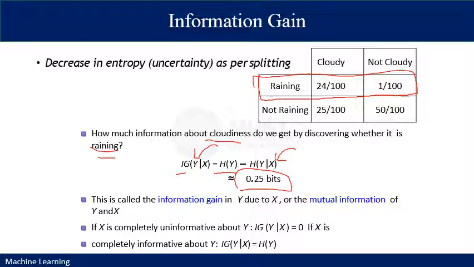This result is called information gain in Y due to the known values of the training set X, or the mutual information of Y and X occurring together. If X is completely uninformative about Y, information gain is equal to 0. And if X is completely informative about Y, the information gain will be equivalent to the entropy of Y.